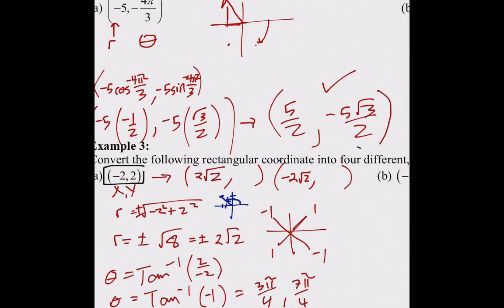The angle that's going to make that work, where this radius is positive, is going to be our 3 pi over 4 angle. So if I'm facing 3 pi over 4, my radius should be 2 radical 2 to land at the same point as -2, 2 in the rectangular system. If my radius is -2 radical 2, that means I need to be facing that 7 pi over 4 angle, because then I would go backwards to make that point that's on the left-hand side there.